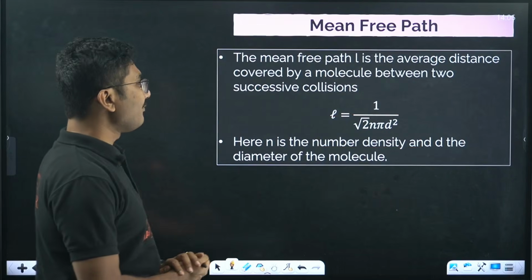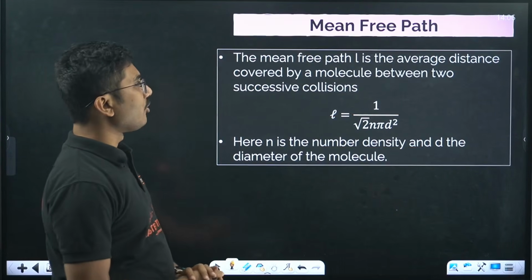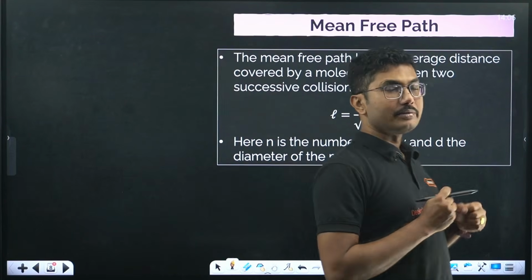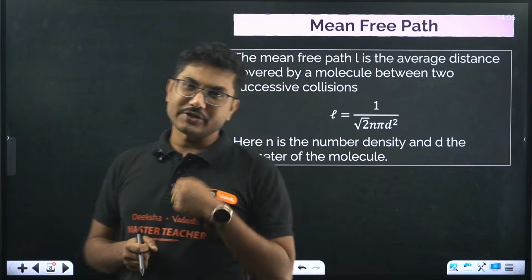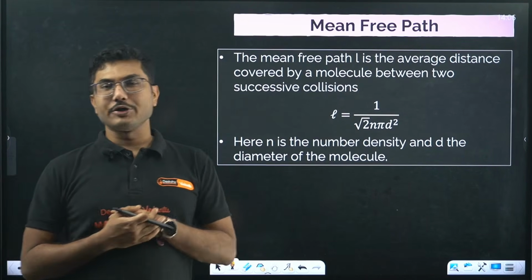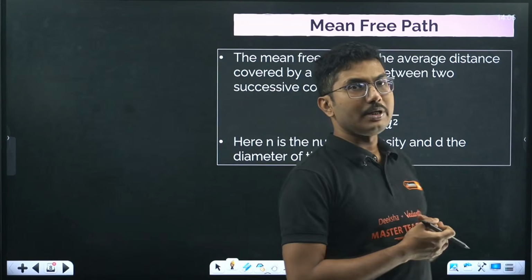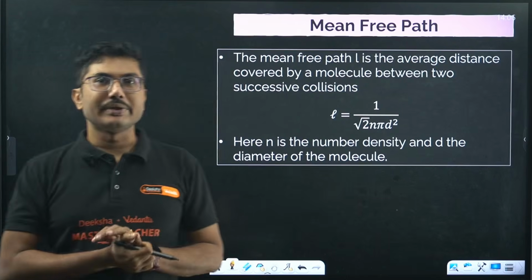Now, mean free path is the average distance covered by a molecule between two successive collisions. We know that gas molecules are colliding continuously. They are moving in random directions and colliding with other gas particles, and in between two collisions a molecule travels in a straight path, and that is called the free path. If you take the average of such free paths, you get the mean free path.